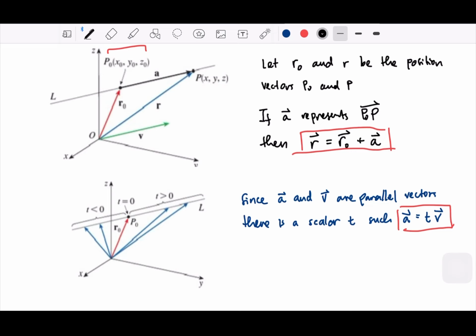So we can also write the vector R equal to R0, and we can exchange A with t multiplied with the vector V. So each value of the scalar will determine what the position of this P0 will be.